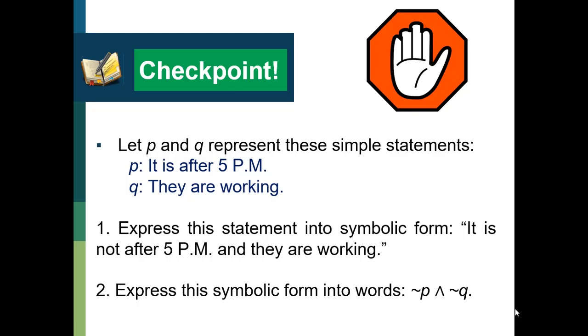So you can pause the video again and try to think of the possible conjunction that you can form based on the question. Did you get it? Alright, shall we check your answer? Here is now your key to correction.